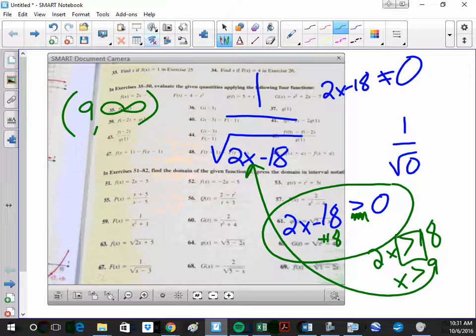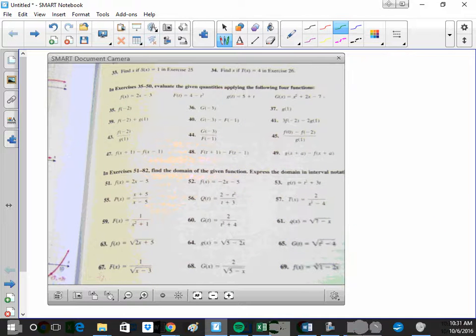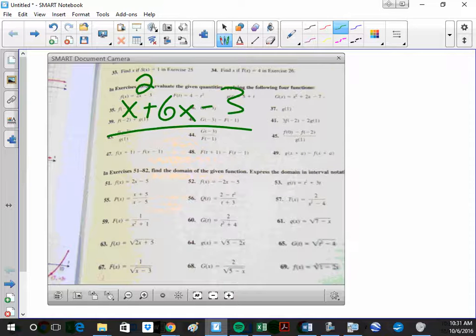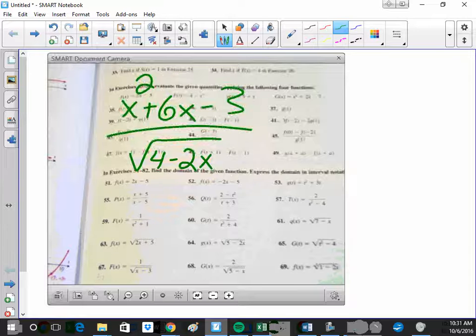Okay. What if it said, does the numerator matter at all? If I had x squared plus 6x minus 3 over the square root of 4 minus 2x, is there anything I'm not allowed to plug into the numerator?